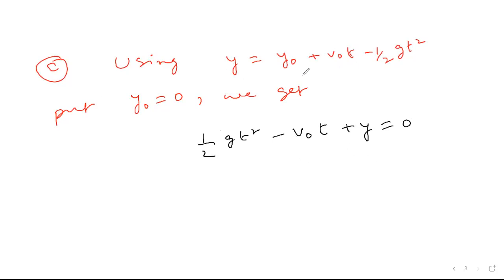You can check it. When you put y naught 0, this term will go. Then you take these terms to the right, it will become y, v naught t will become minus v naught t, and minus half gt square will become plus half gt square. So you can see this equation is a quadratic equation in time.